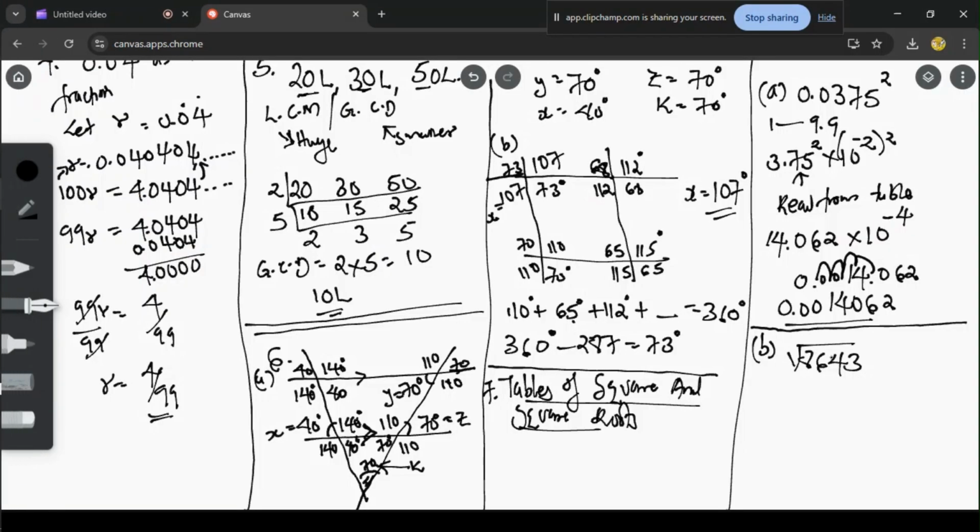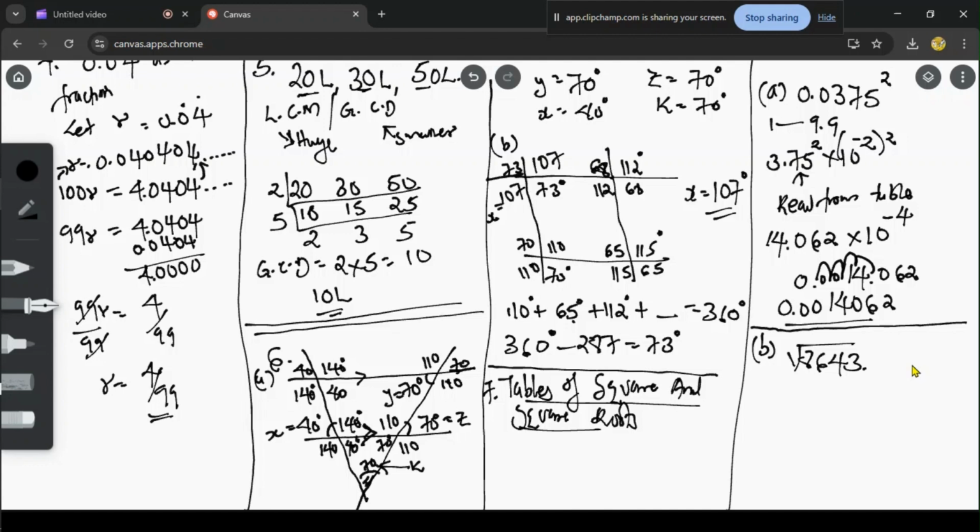This number is too huge because the largest number in square roots reaches 99. So I need to move the decimal in a way that it can be found. When you're getting square root, the number of steps that you move should be divisible by 2.